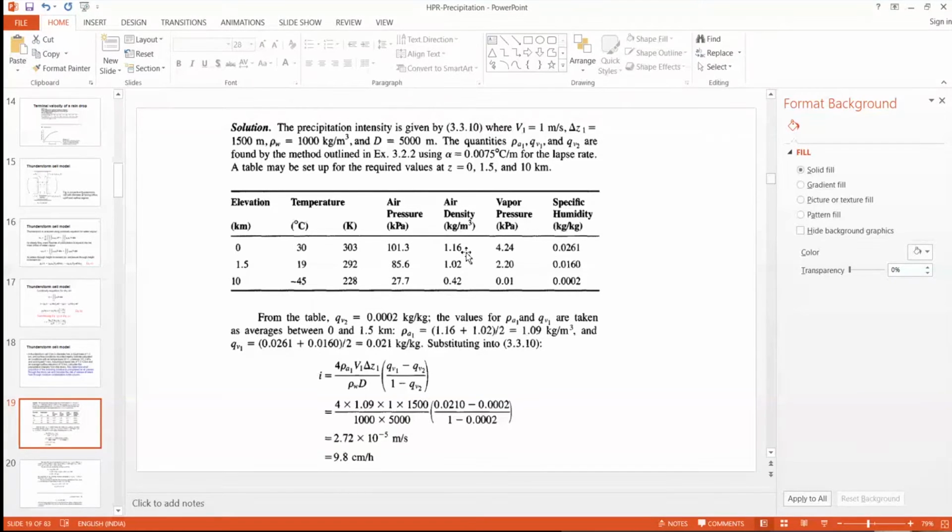So we can calculate it from the state equation, that is rho is equal to P by RT. Then vapor pressure. Since the temperature is given, we can use the equation that Vs is equal to 611 exponential of 7.